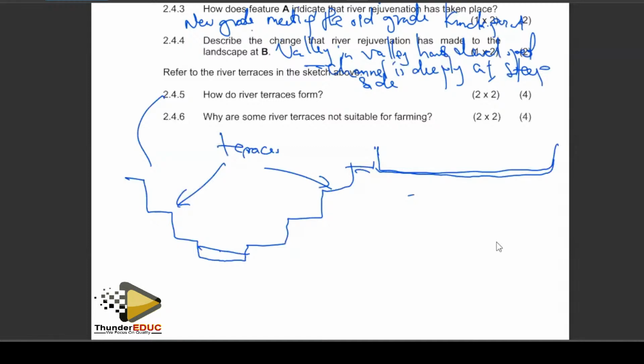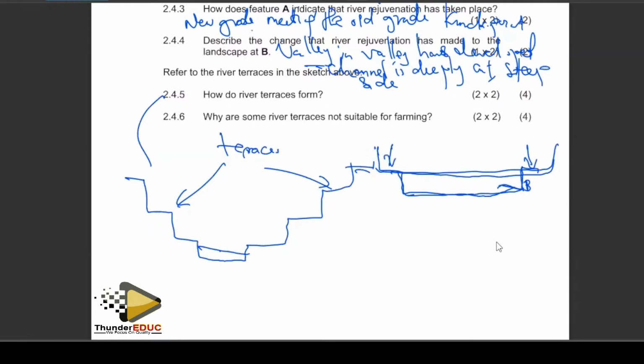If it rejuvenates, the river is going to create a valley within the old valley, which means now the new valley is this one, Valley B. And remember, this part has been left because it did not erode from bank to bank, but it created a new valley within the old valley.